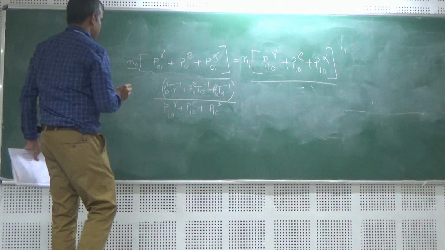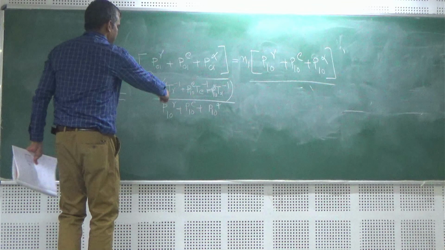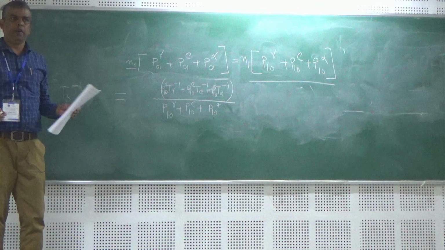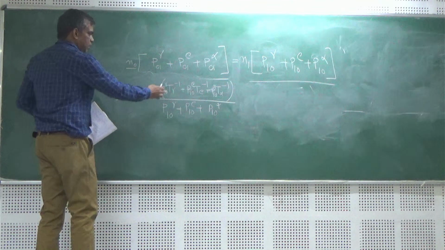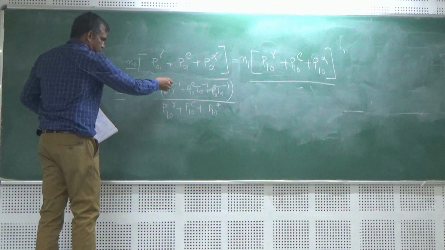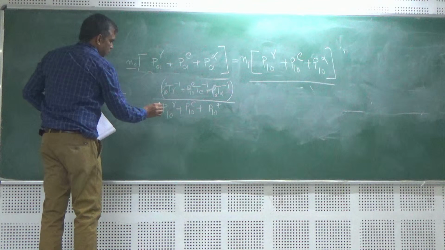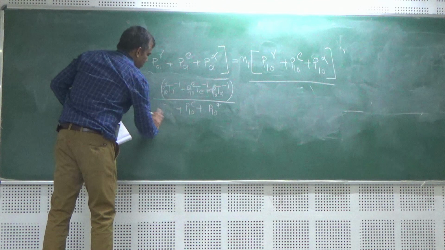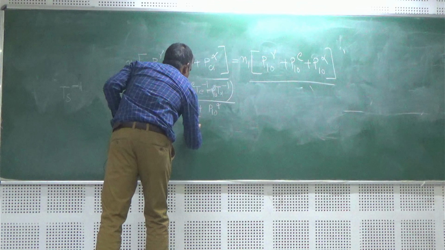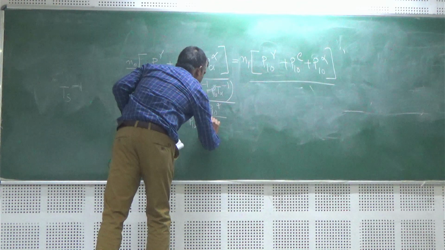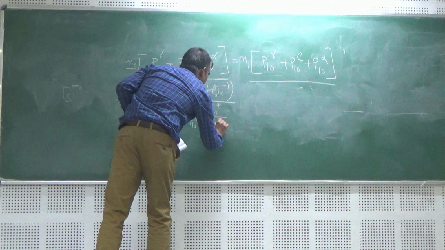Now we can actually divide the numerator by P10 gamma, like we divide both in this term. So this term becomes 1. This term becomes P10 gamma and P10 gamma.